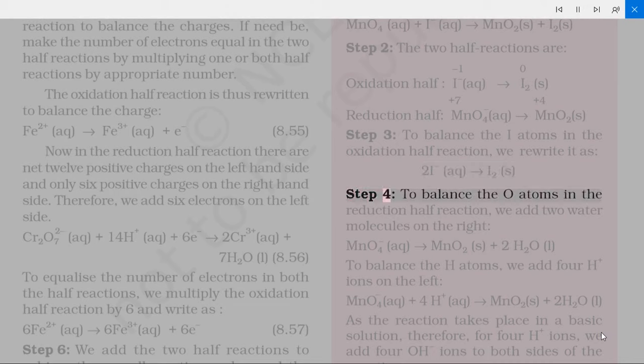Step 4. To balance the O atoms in the reduction half reaction, we add two water molecules on the right. MnO4⁻(aq) → MnO2(s) + 2H2O(l). To balance the H atoms, we add 4 H⁺ ions on the left. MnO4⁻(aq) + 4H⁺(aq) → MnO2(s) + 2H2O(l).